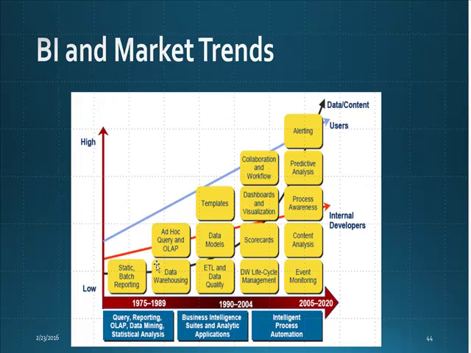And as time goes by, we started to have data warehousing, data models, and dashboards, and then predictive analysis, content analysis, event monitoring, and eventually we have big data right now, which is using large-scale databases to come up with predictive or forecasting models, to capture the trends and to forecast what is going to happen in the future.